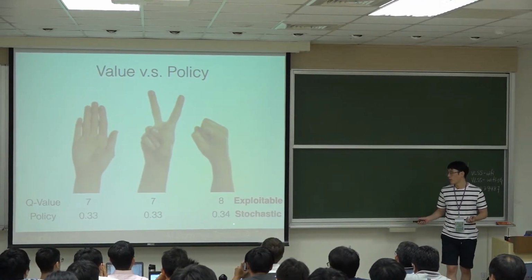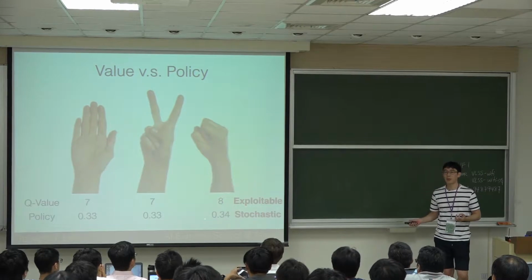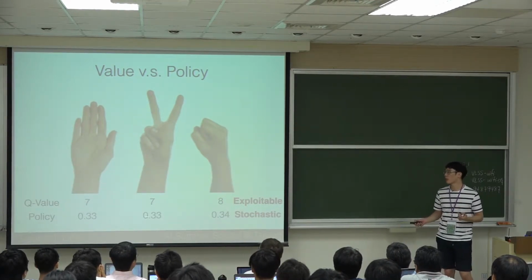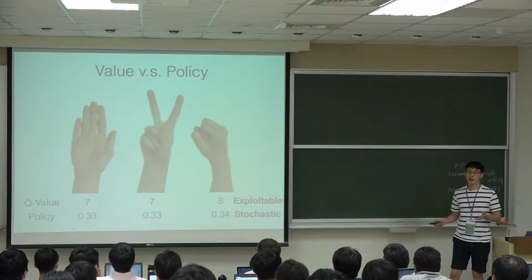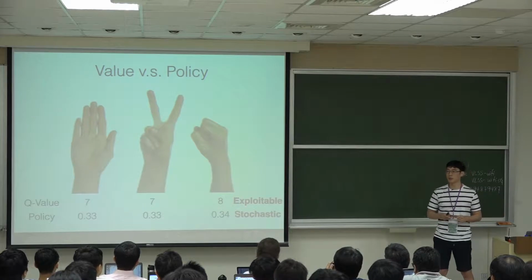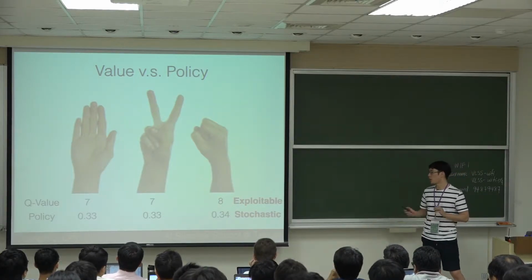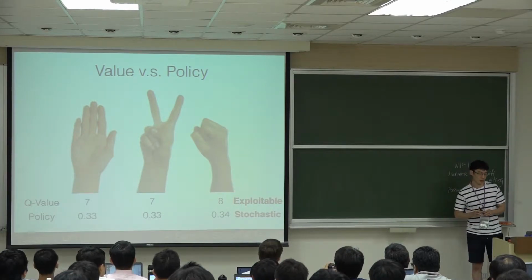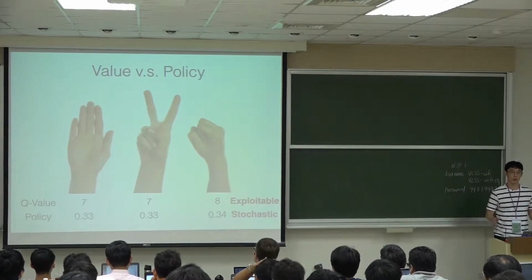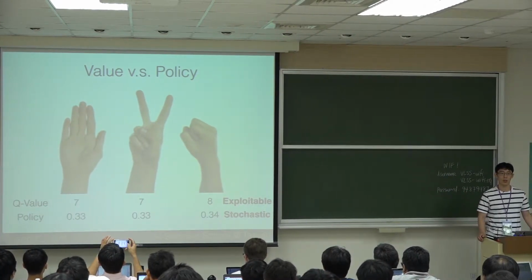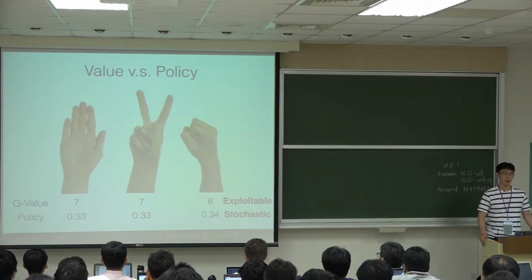So 34% of the time you will play rock, but 33% and another 33% you will play paper and scissors respectively. Do you see the advantage of it now? Okay, so that's one advantage. A Q value doesn't have this probabilistic representation, so you can get stuck sometimes. Whereas in a policy-based approach, you can have this probabilistic meaning where you can sample.